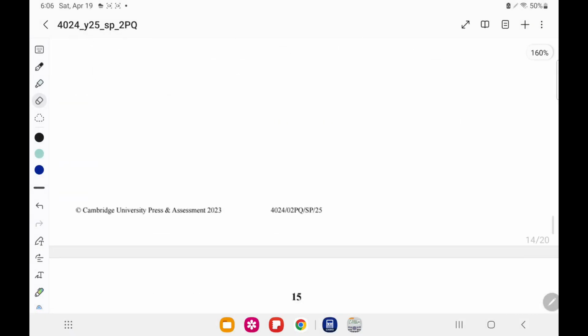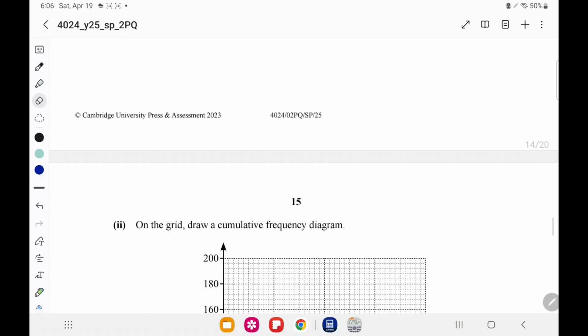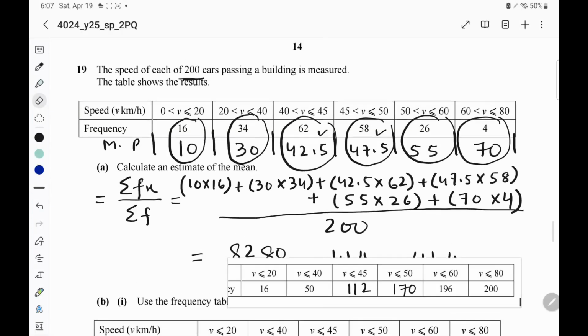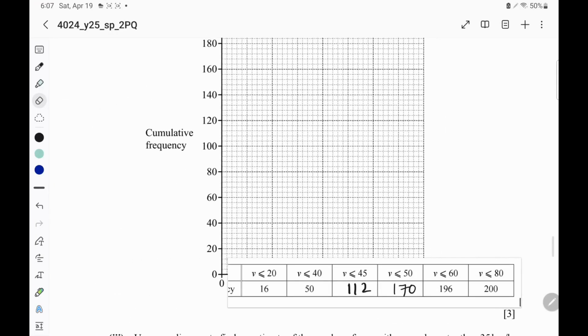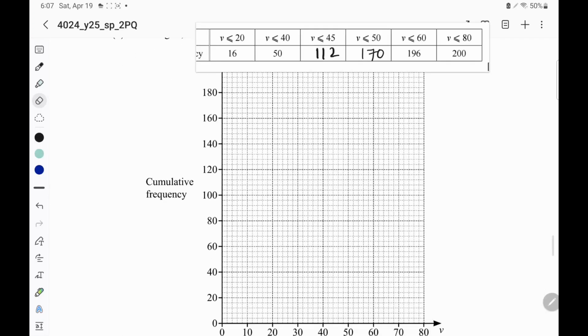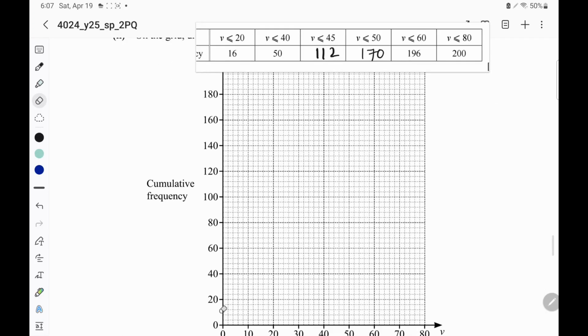Afterwards, they're asking us to draw the cumulative frequency diagram. It starts from 0, 0, which will be the first coordinate, and the second one is 20, 16. 20 is divided into 5 boxes, and each box is 4 numbers, remember.